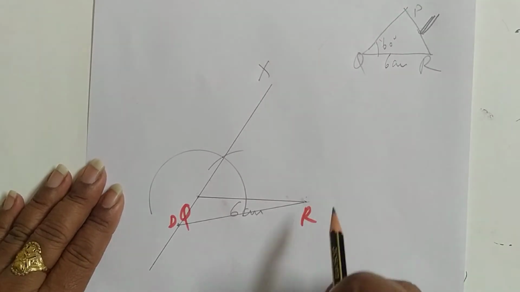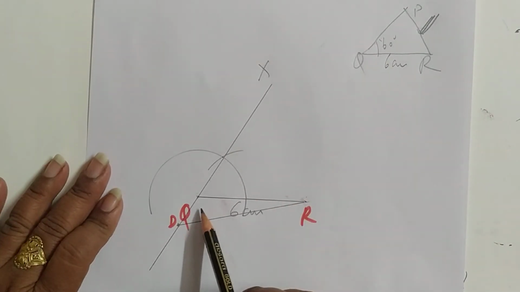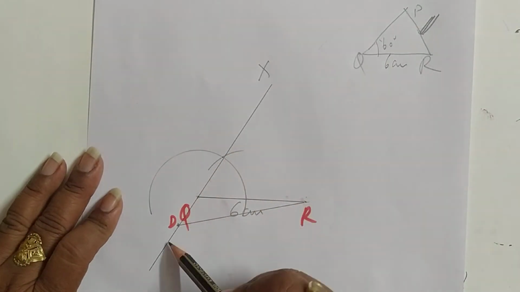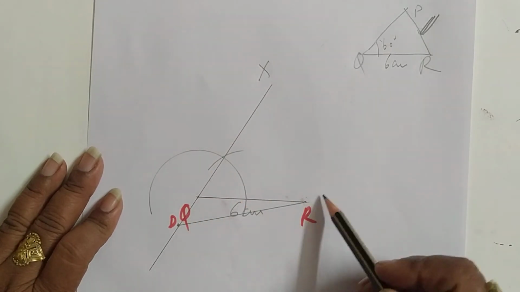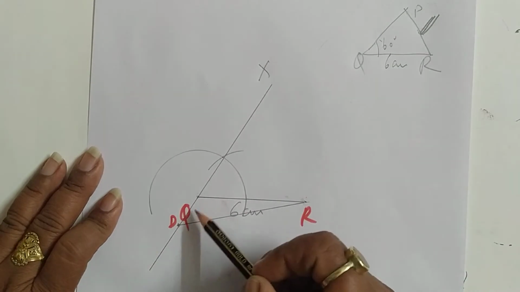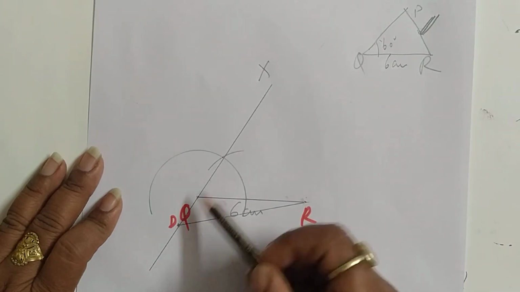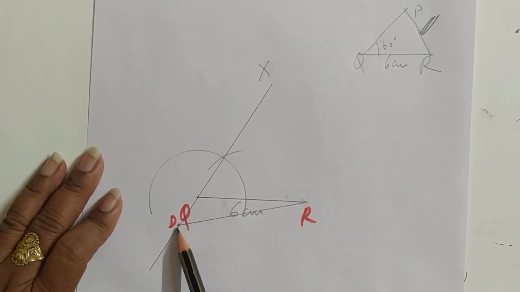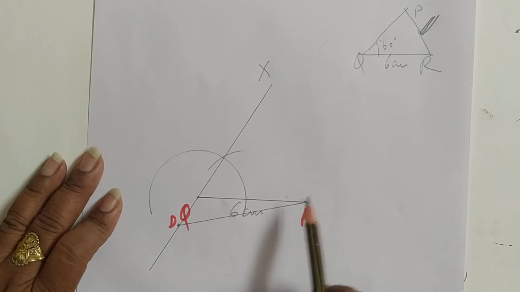Yes, so in the second case, the very important step is that we need to extend the line below the baseline, and then whatever the difference is given, we have to measure below on the extended line. After that, we need to join it to the second end point.